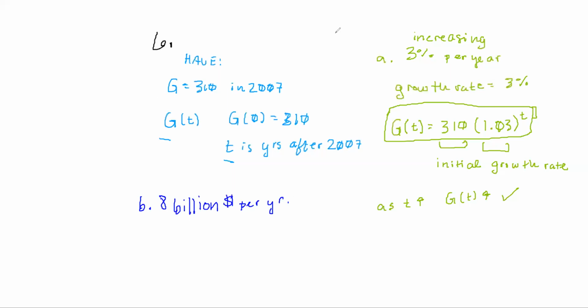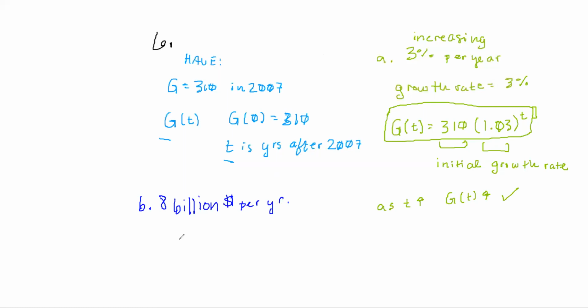Thoughts, comments, concerns? Is this going to be an exponential function? Let's start with that. Are we going to be able to put this into exponential form? No, exactly. This is not going to be exponential.